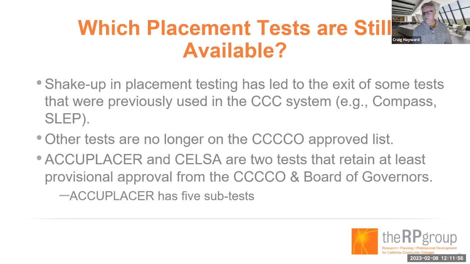Other tests, even from vendors who are still active in the space, are no longer on the Chancellor's Office approved list. So what that left us with was AccuPlacer and the CELSA tests as being the two tests that have at least provisional approval. While we talk about AccuPlacer as a test, it really has 5 subtests, and different colleges deploy different sets of those tests.